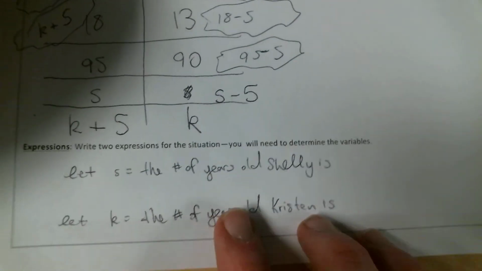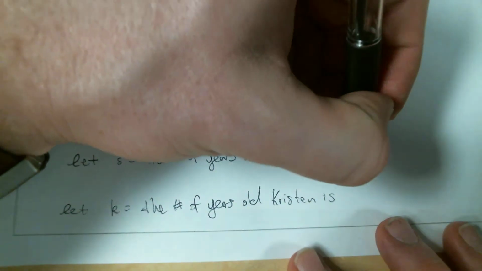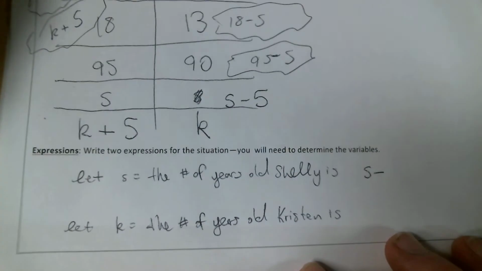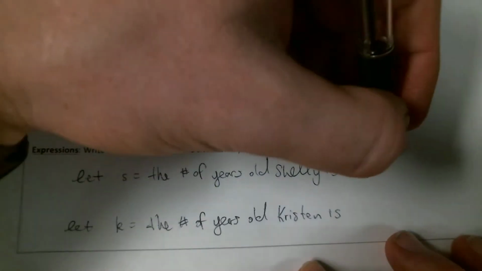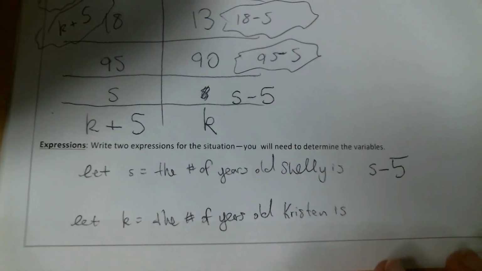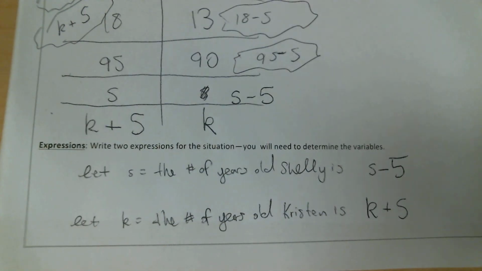So if I say let S equal the number of years Shelly has, I can find Kristen's age by taking Shelly take away 5. If I want to do the other way, let K equal the number of years old Kristen is, I'm going to take K and I'm going to add 5 on. So those are my 2 expressions I can write for these situations.